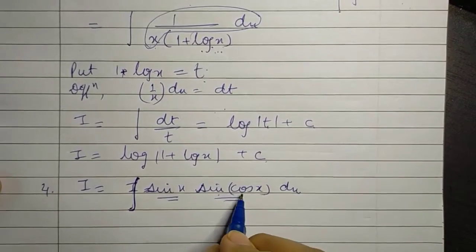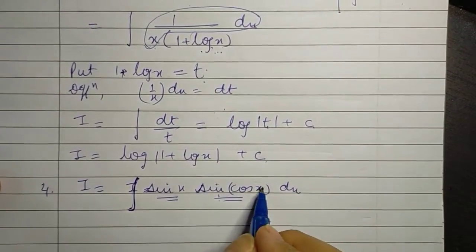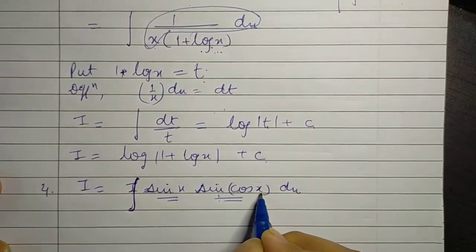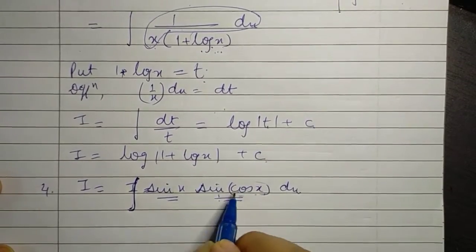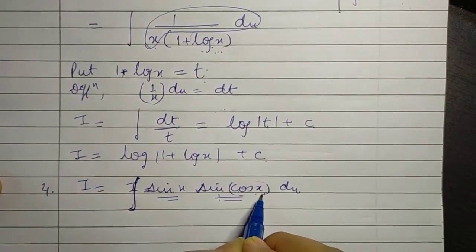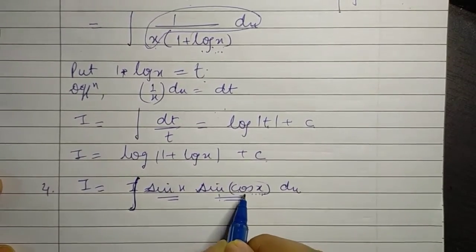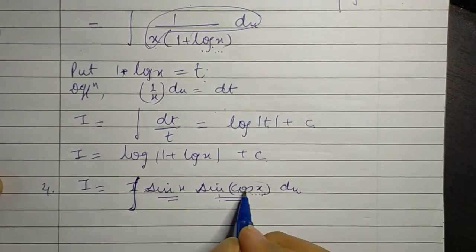And we are already aware that mostly what we do is, if we are given a function of a function, the inner function we assume as t. That's the first thing which should come to your mind, that the inner function has to be assumed to be t. Secondly, we also observe that its derivative should be available here, which is there.